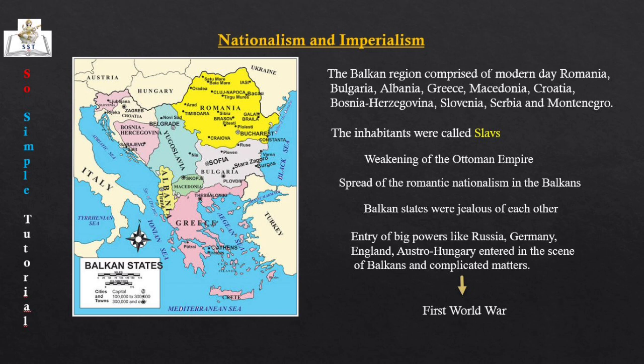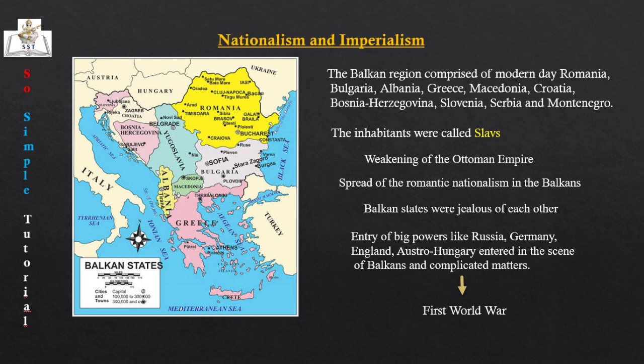As the different Slavic nations struggled to define their identity and independence, the Balkan area became an area of intense conflict. There were again two reasons for this. One, the Balkan states were fiercely jealous of each other and each of them wanted to gain more territory at the expense of others. Two, the big powers like Russia, Germany, England and Austria entered the scene of Balkans and complicated the issue.